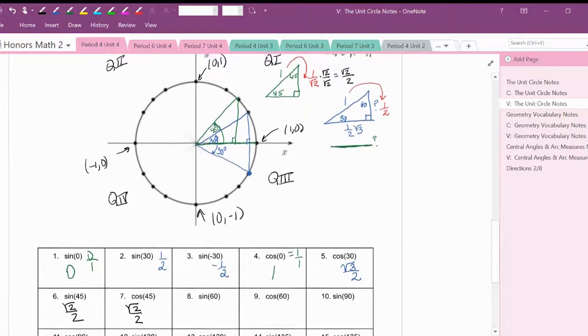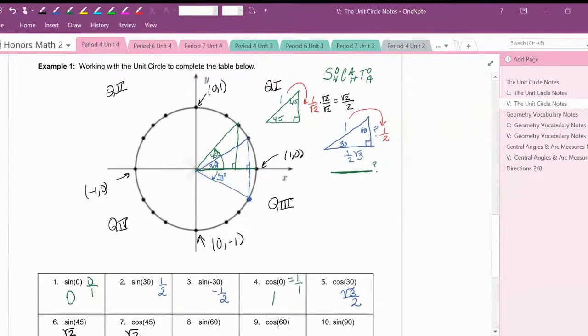All right, so now we're moving on to 60 degrees. So that's going to be an angle slightly larger, but still in quadrant 1. Dropping our perpendicular, this whole thing is 60.